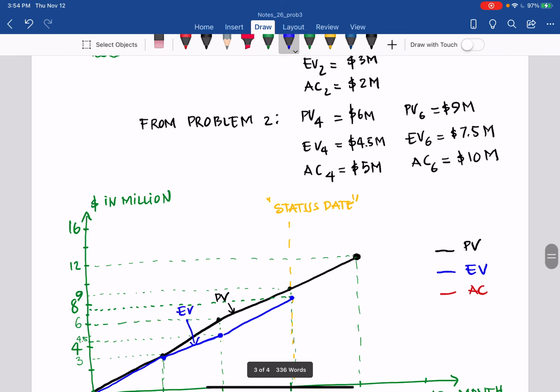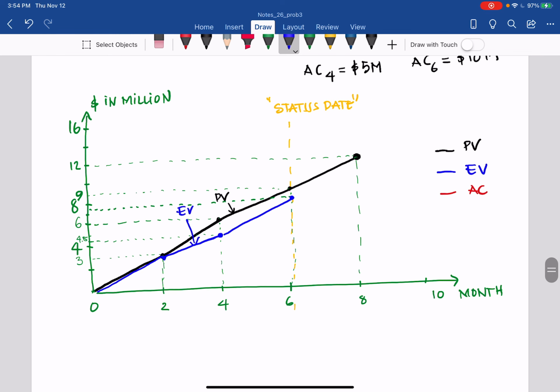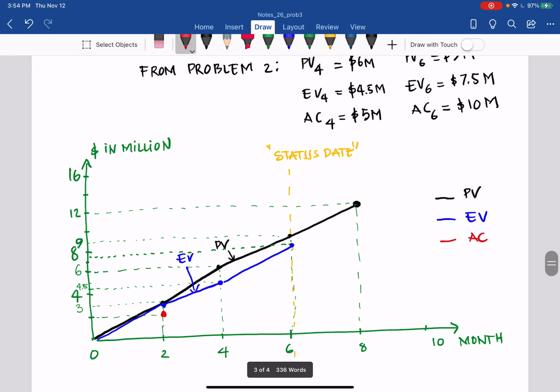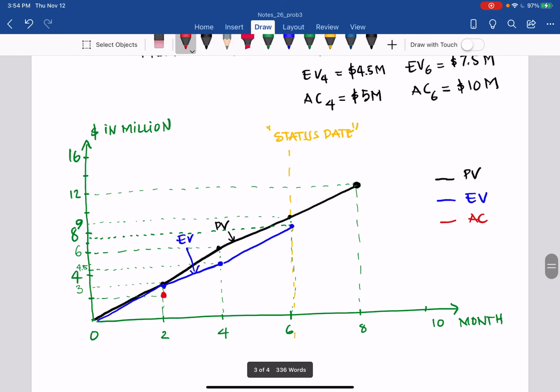2 million at month 2. So you have the first red point. At 4 months, 5 million, so we have 4 months, 5 million. And then at 6 months, 10 million.